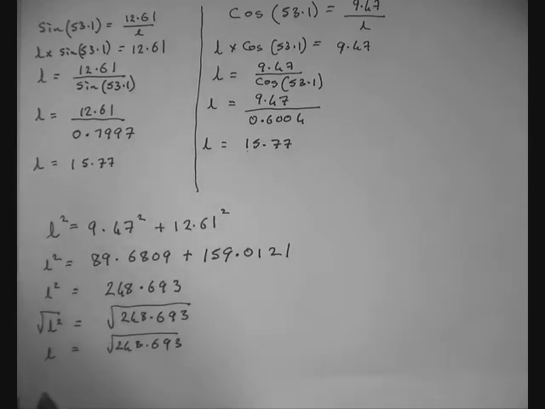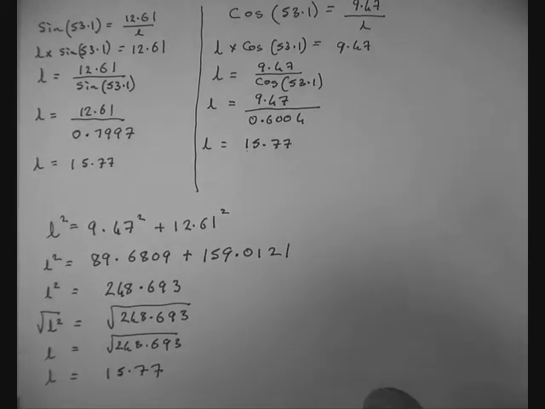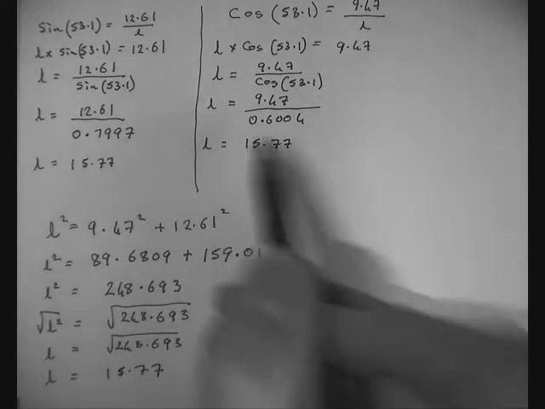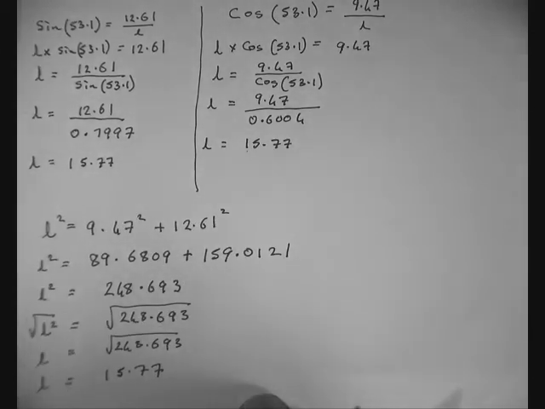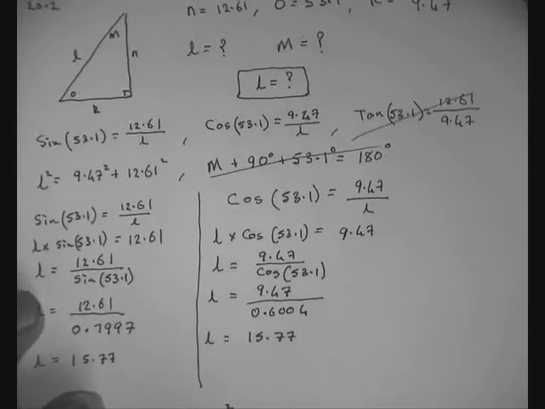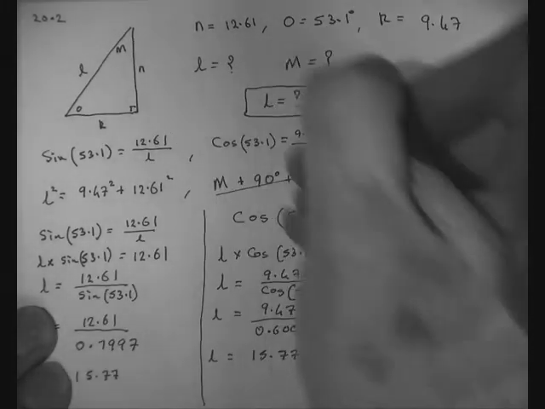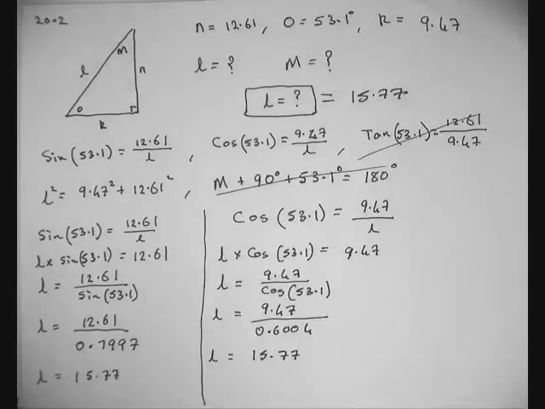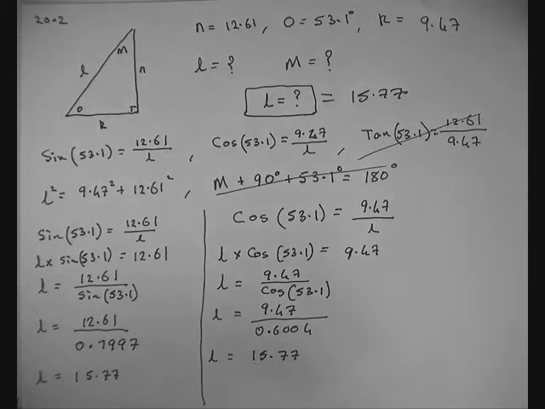Do a bit of calculator work, and we find out that L is equal to 15.77 units. This concurs, as it should do, with the way we found L by using the cosine and the sine. So we know what L is, L equals 15.77. In the next video, we're going to use that to find out what the angle M is.